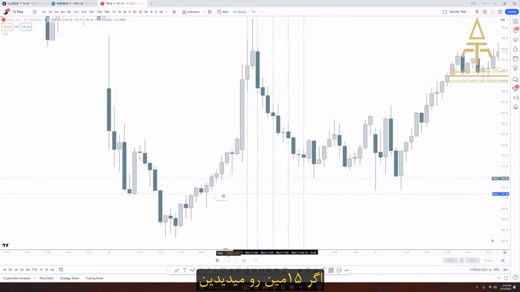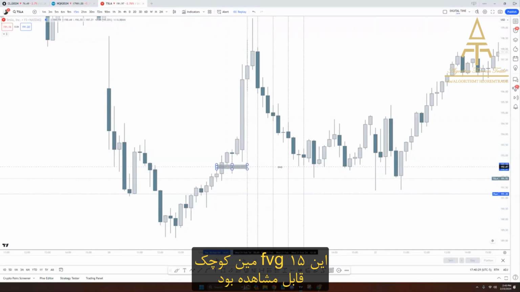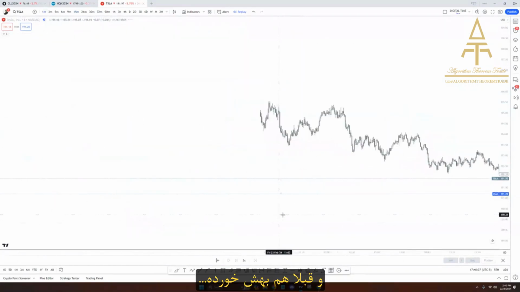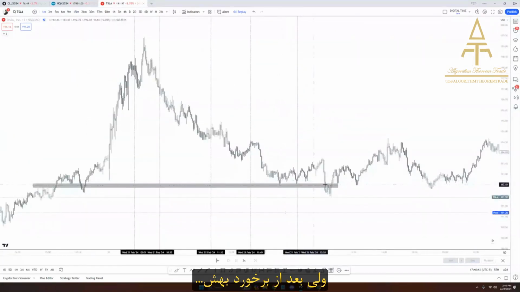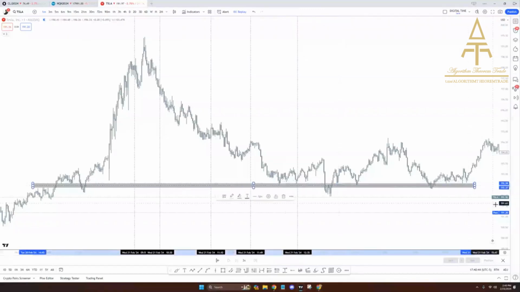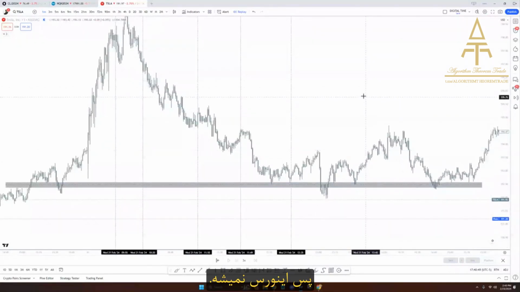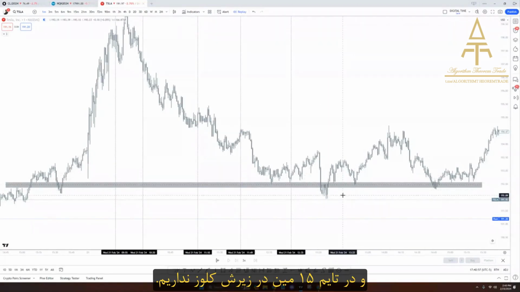If you were to observe the 15-minute, then you can see this very small 15-minute BISI, and price does not hit it until right around 1235. Taps into it before, but after it does that, there's no 15-minute body close beneath that BISI, so it's not an inversion, and instead price is respecting the CE of that and is not closing below it on the 15-minute time frame.